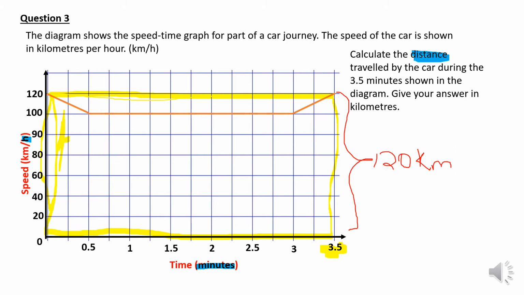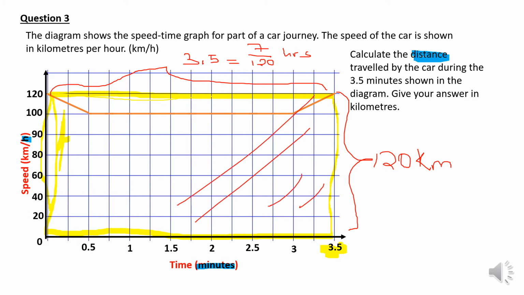And the distance from here all the way up to here is 3.5 minutes. Remember from my previous explanation, I said you get 7 over 120 when you write it in hours. The way you find this is you take 3.5, you divide by 60, then you find the area of this whole rectangle.